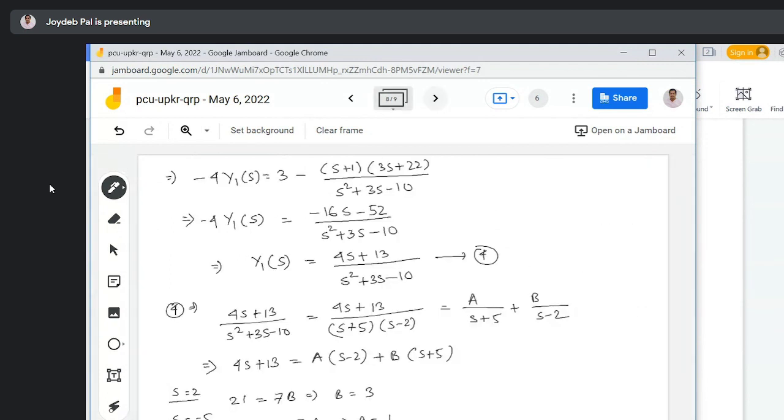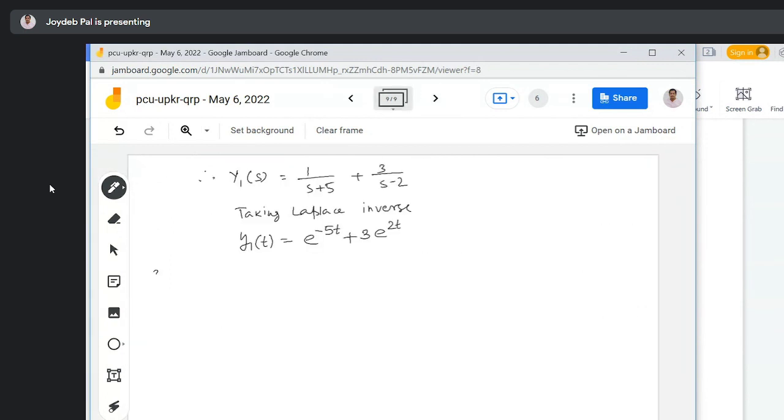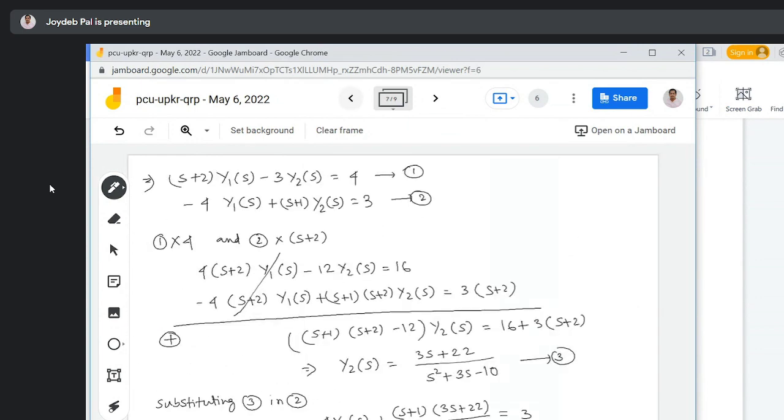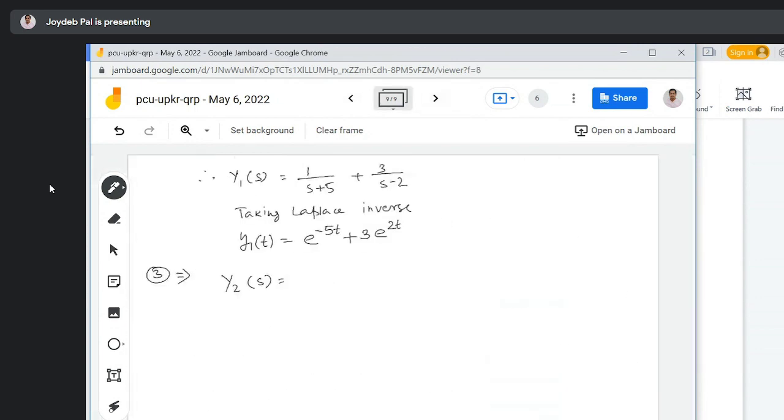So now from 3, y2s equals what? (3s plus 22) divided by (s square plus 3s minus 10).